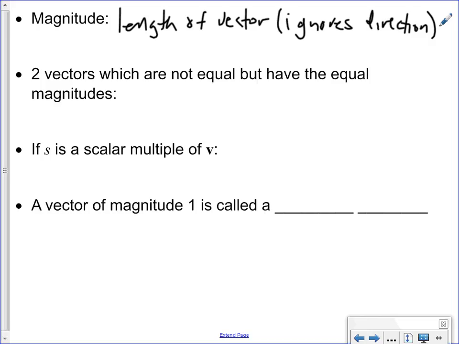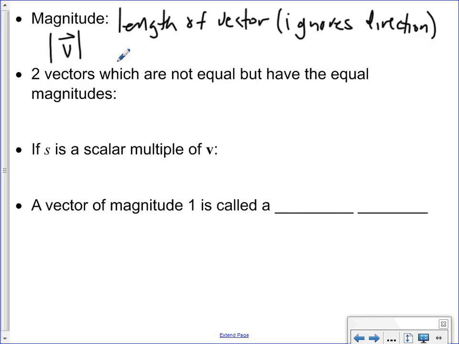Absolute value ignores its sign because it'll always be positive, right? So the magnitude of a vector v shares that same absolute value symbol, which is why it's really important to put the little notation that it's a vector.